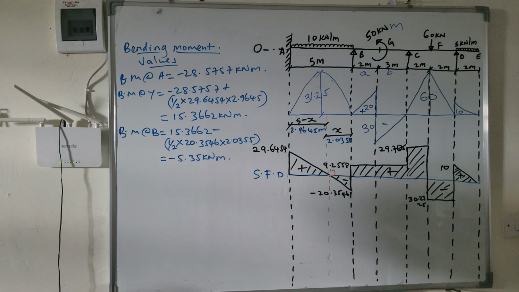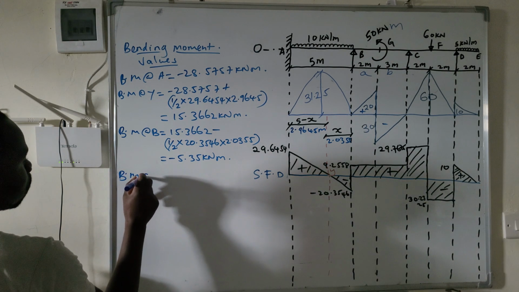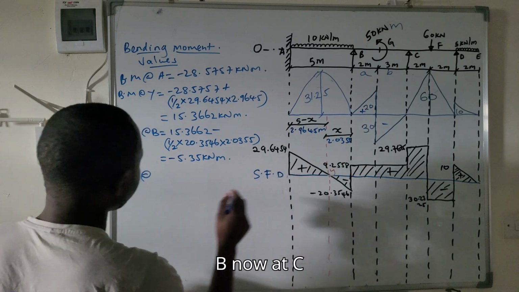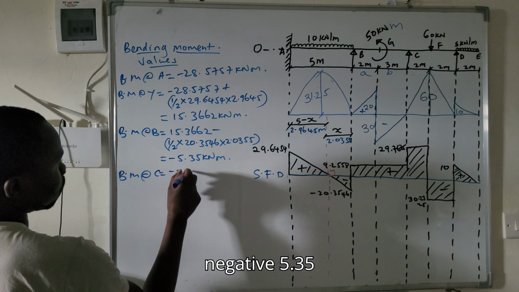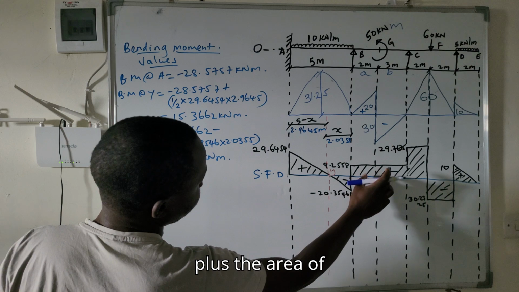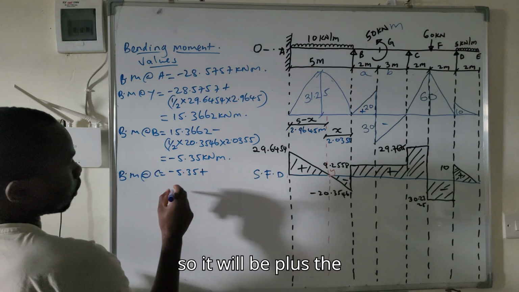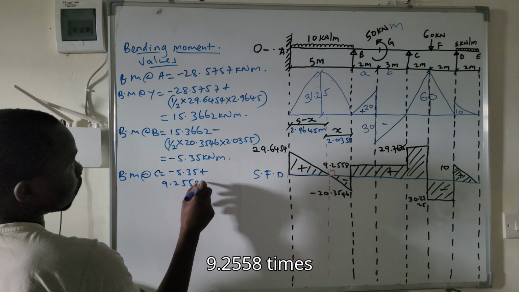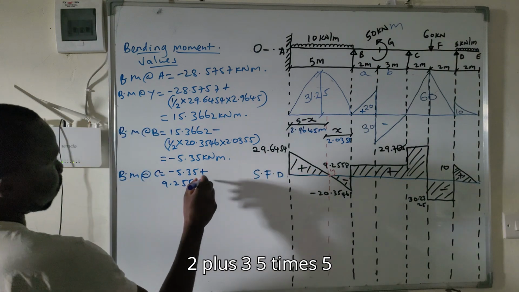So let's proceed. So bending moment, we are at B. Now at C. At C is bending moment at B, which is negative 5.35, plus the area of this. So it will be plus, the area is 9.2558 times 2 plus 3, 5 times 5.